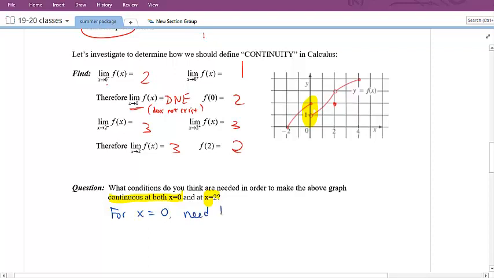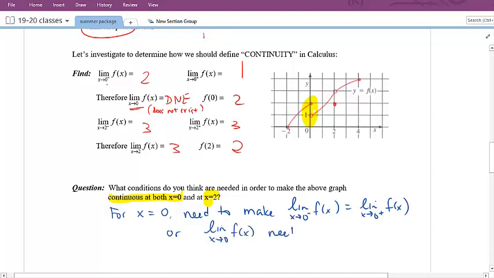We need to make the left limit equal to the right limit. Or you can also say that the limit at 0 needs to exist. So it has to be some sort of number. Okay. Now what's the problem at 2?